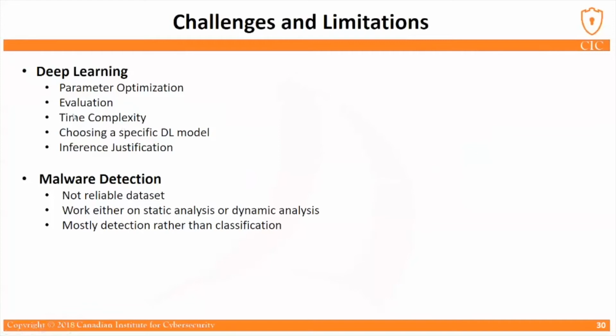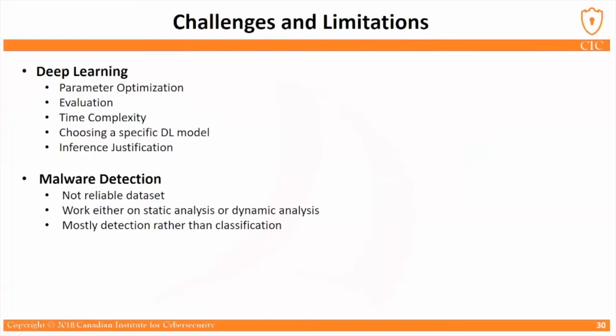And one of the most important ones is that they haven't explained the logic behind the decisions that they have made. So they have seen the neural network as a black box. Of course, it is one of the critiques of neural networks, that they cannot explain the logic behind the decisions that they make.